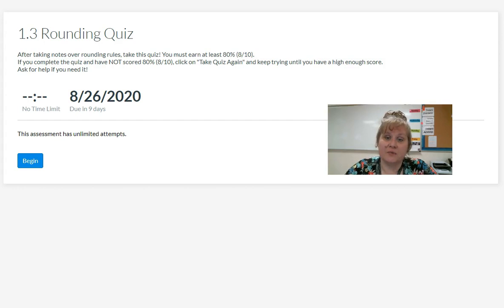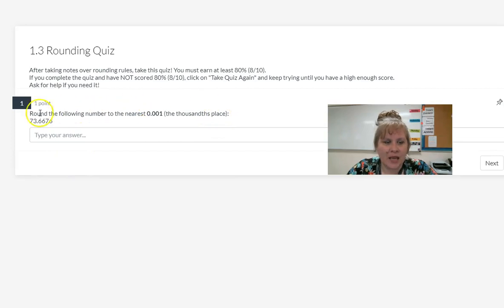Your quiz will look very similar to this one. So when the page opens, click on Begin. It might take a minute to load. And you're just going to go through, it's going to have 10 questions. You'll go through them being very careful to make sure that you are rounding correctly.